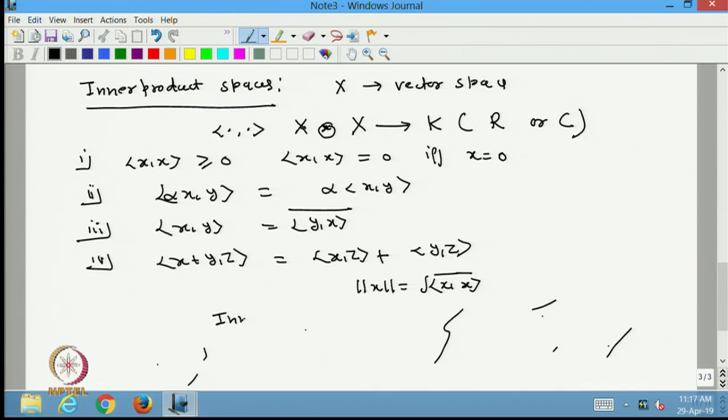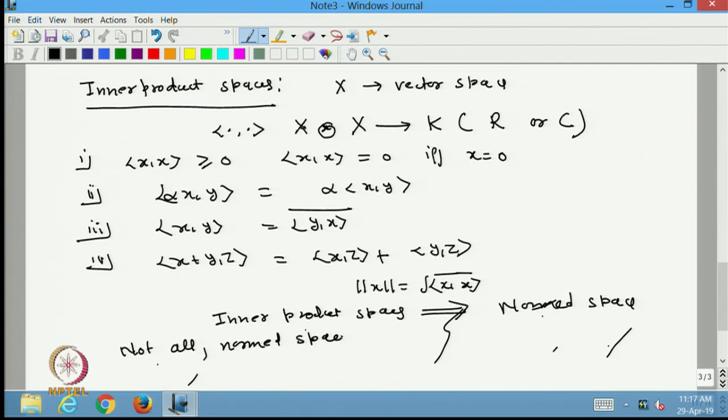So, an inner product space will always be a normed space, but not all normed spaces are inner product spaces. Okay, clear?